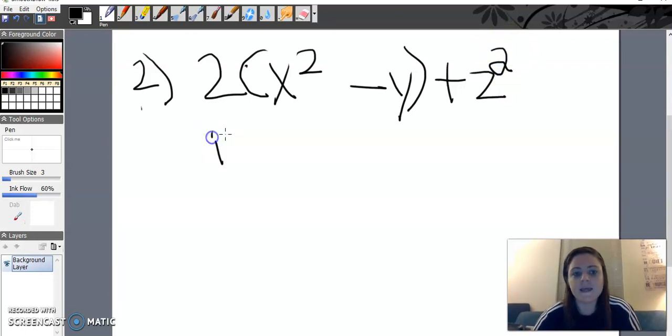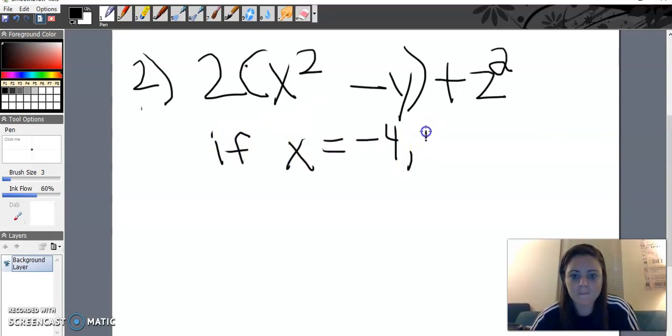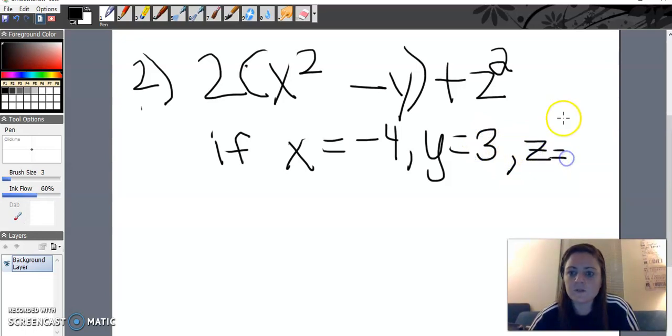And then it'll say if or when x equals -4, y equals 3, and z equals 2.